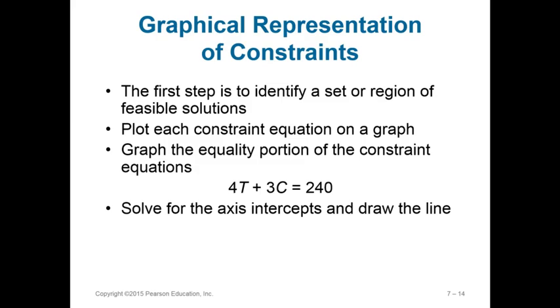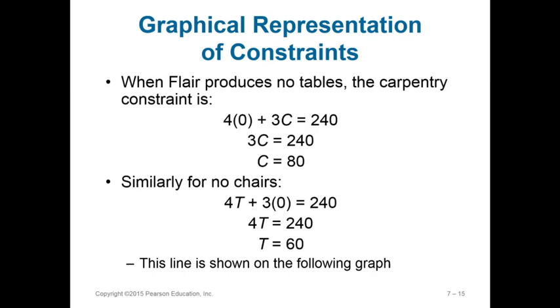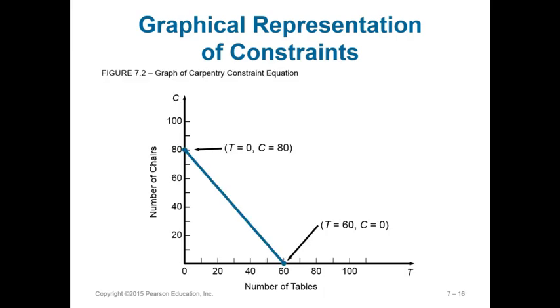So if you took something like this where you did no tables, you only did chairs, you'd actually do the math in this way, and you'd come out with 80 chairs. Or you'd come out with 60 tables. And so you find those slope intercepts right there, where if you're making only tables, you make 60 tables and no chairs, or if you make only chairs, 80 chairs and no tables.